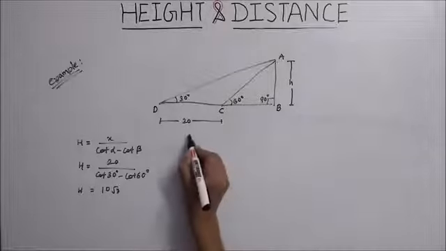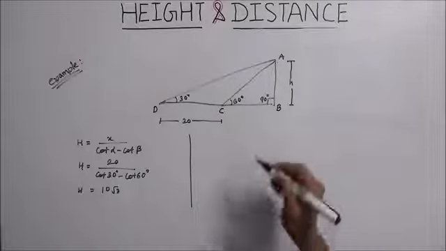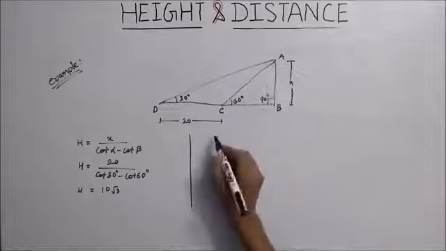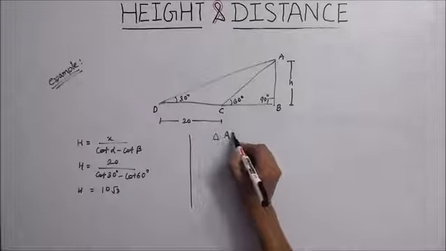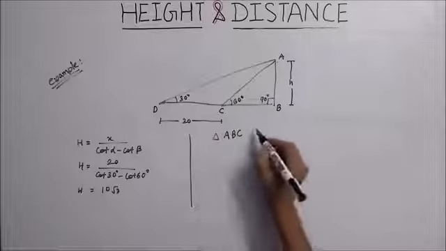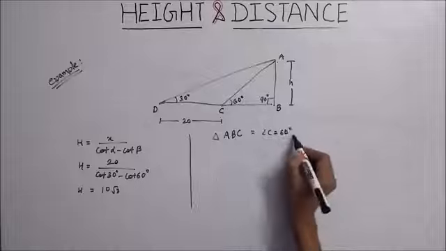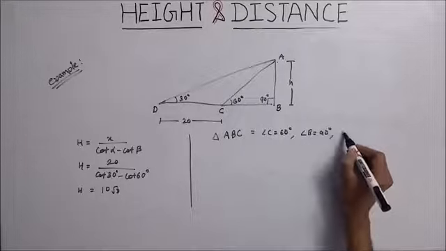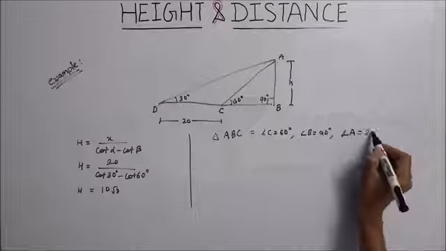Again, we have one more method to solve this question by angles. First, let's take triangle ABC. In this triangle, angle C is 60, B is 90, and angle A is 30 degree.